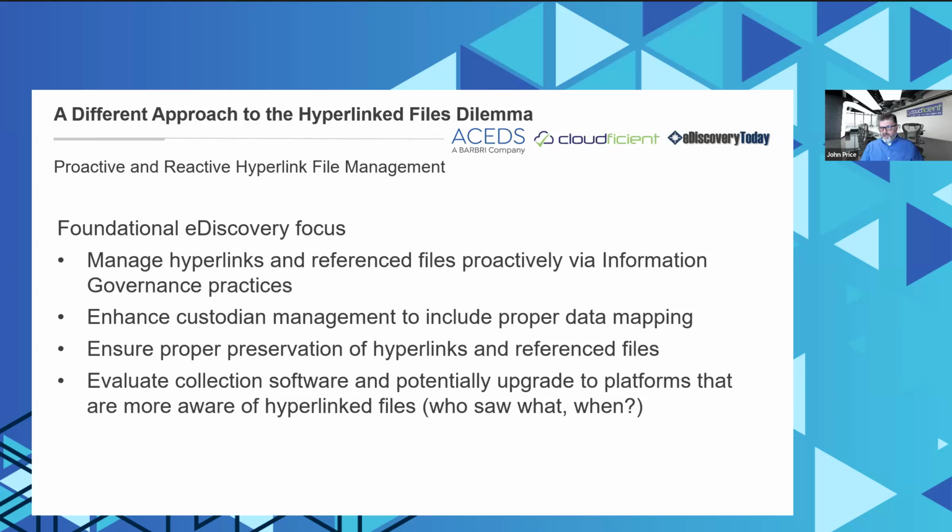If you look at typical best practices for early stage eDiscovery, having the ability to manage hyperlinks and the reference files proactively, either by information governance or tools that supplement information governance. So, can we see hyperlinked files, hyperlinks, and then capture the correct versions of those proactively?